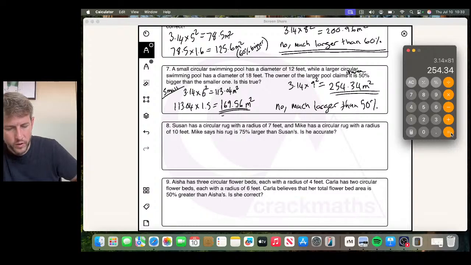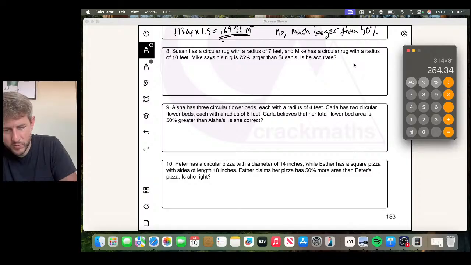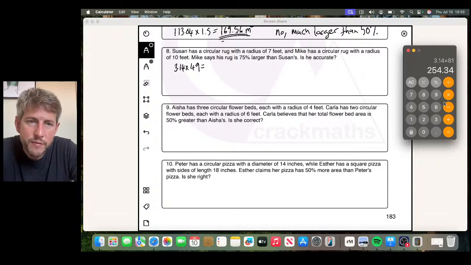Okay, right, question 8. We have here, Susan has a circular rug with a radius of 7 feet. Mike has a circular rug with a radius of 10 feet. Mike says his rug is 75% larger. Is he accurate? So let's work out Susan first. So we've got 3.14 times 49 equals this, and then we'll times that by 1.75.